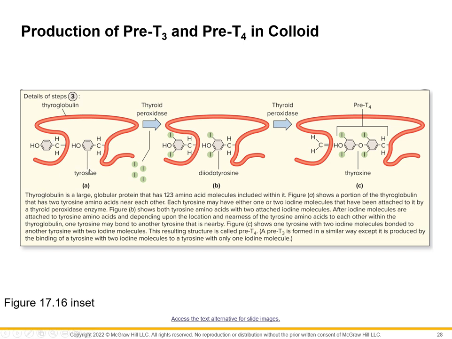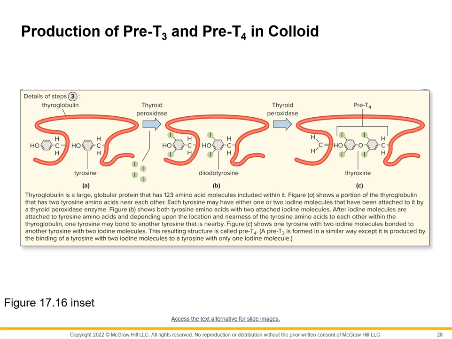Attached to these tyrosine amino acids, you will have either one or two iodine molecules. These are attached via an enzyme called thyroid peroxidase. You know it's an enzyme because it ends in ACE. So one tyrosine can receive two iodine molecules, or it can receive just one.